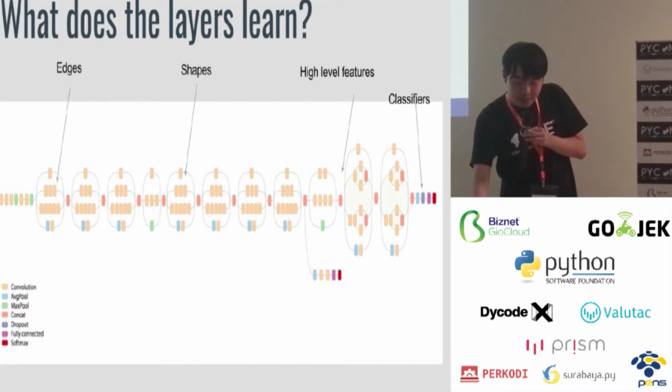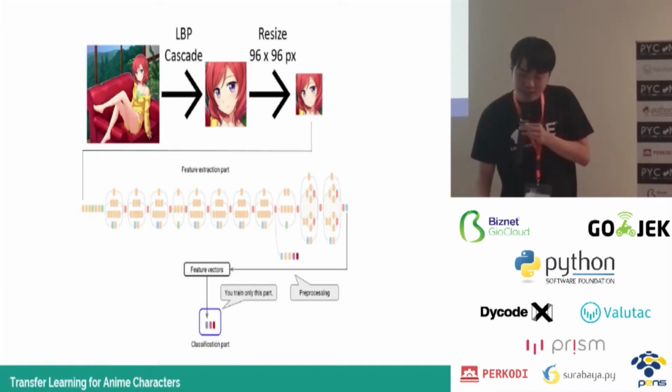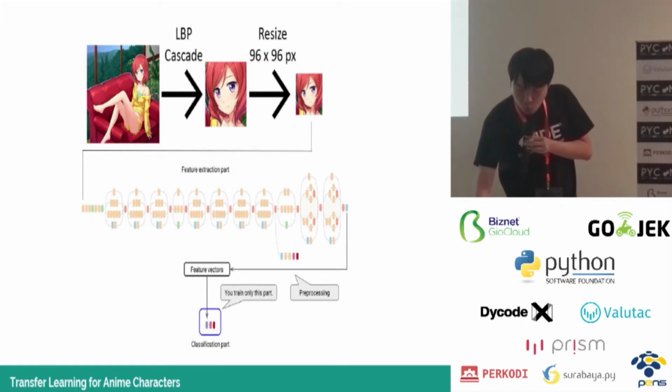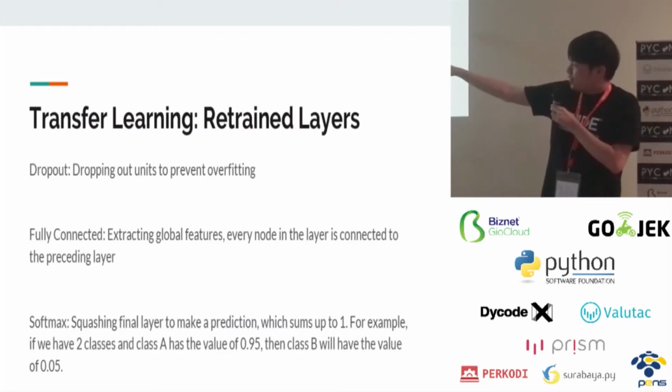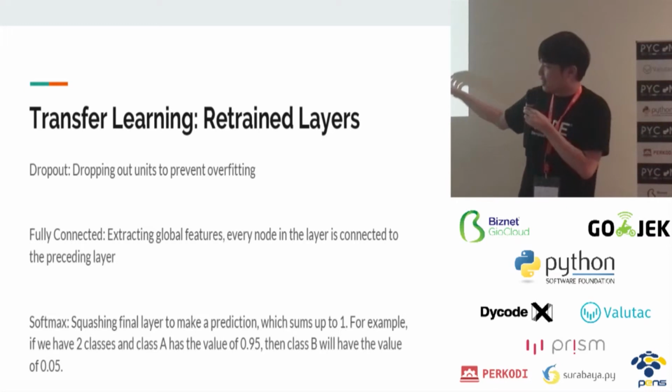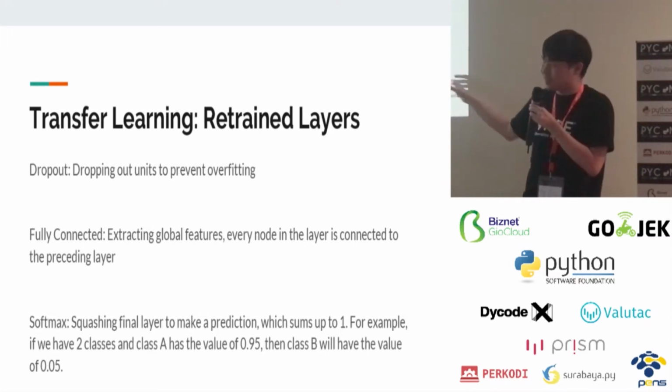So the idea is you have characters, you resize them to the same size, and the transfer learning will only learn the last part, where you relearn the fully connected layers and you learn the softmax, or the last layer which makes the prediction.